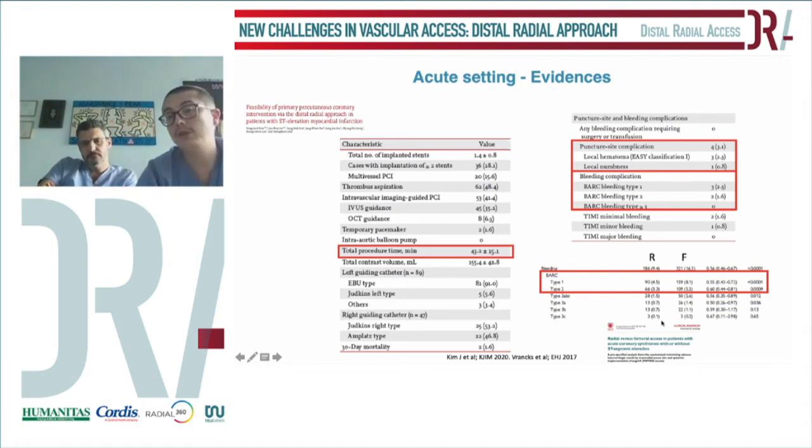Here I put the MATRIX trial just as a reference, and you can see that as compared to MATRIX, the risk of bleeding complication is more or less the same, even a little bit lower, but we don't know because it's not a randomized controlled trial, only a registry. And surely it is lower than femoral access. So not a big difference between distal and standard.